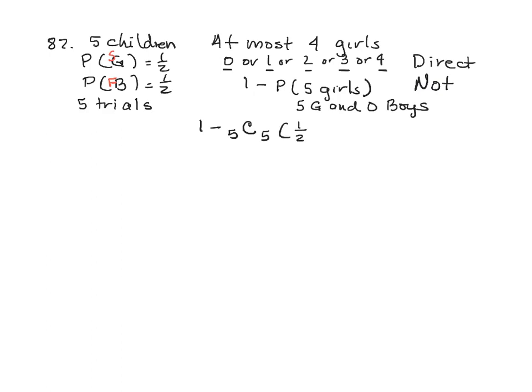Probability of having a girl is 1/2, and that's to the 5th power. And the probability of having a boy is 1/2, and that's going to be raised to the 0 power. So when we put this in our calculator, we get 31 over 32. I believe on that one they asked us to write as a fraction.